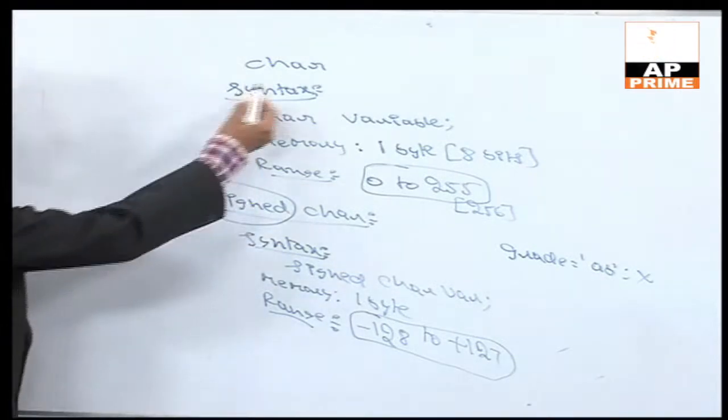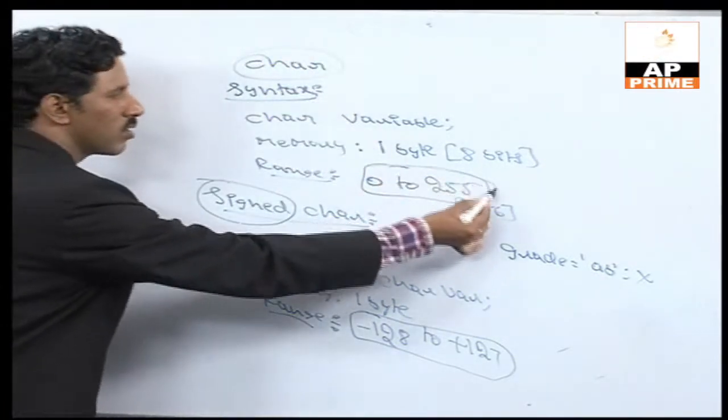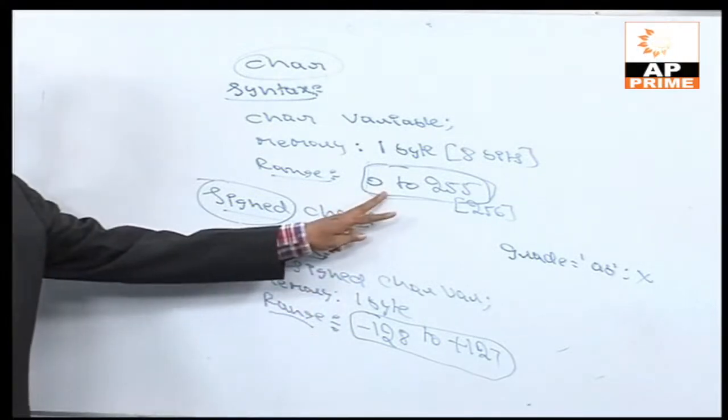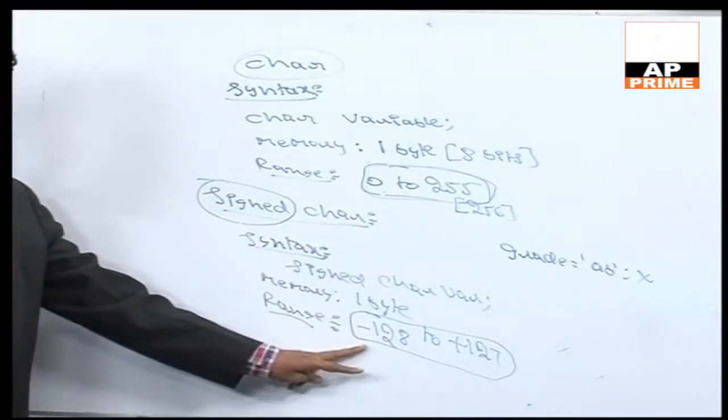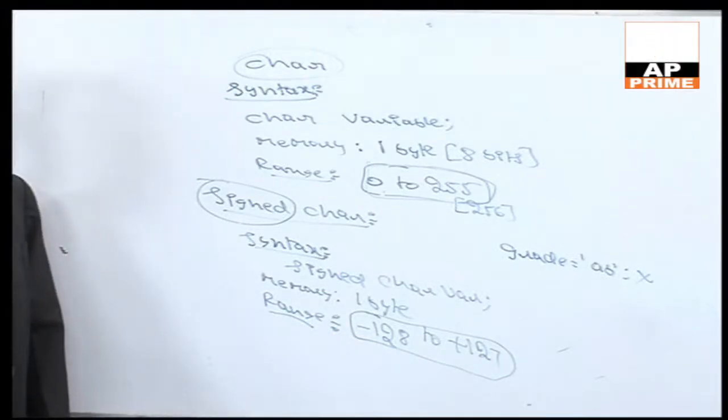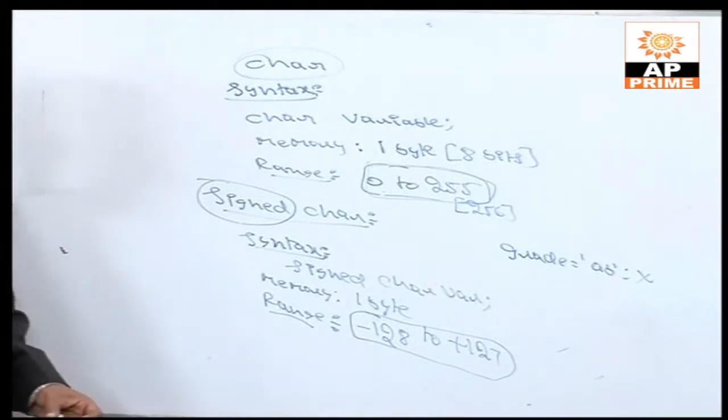For a normal character, which range is allowed? 0 to 255. That is which type of range? Unsigned. A normal character is unsigned, and a signed character allows negative and positive, with the range minus 128 to plus 127. This is for signed and unsigned characters.